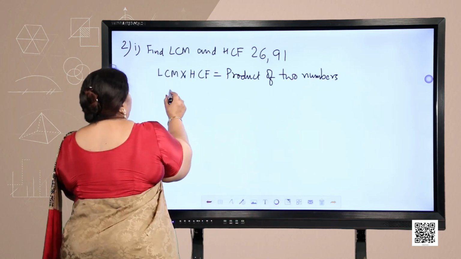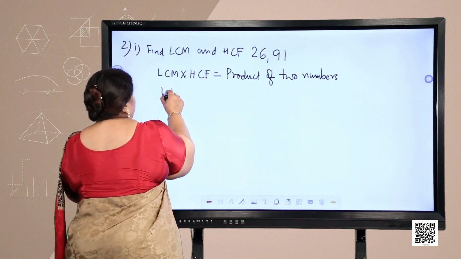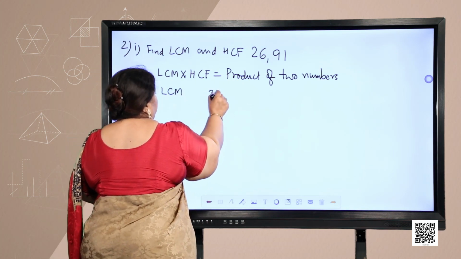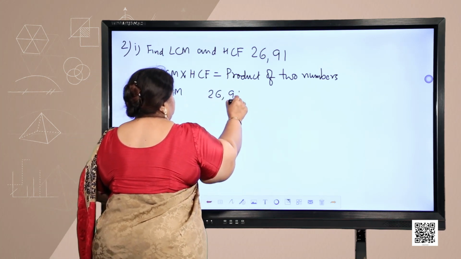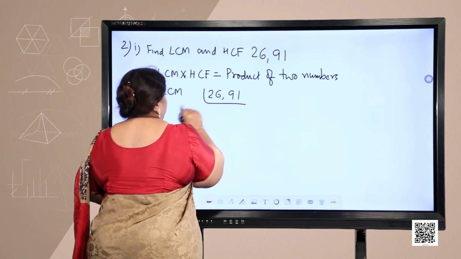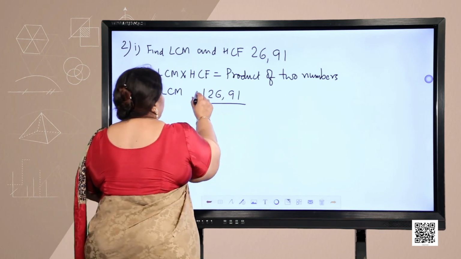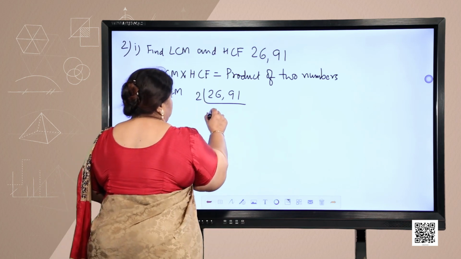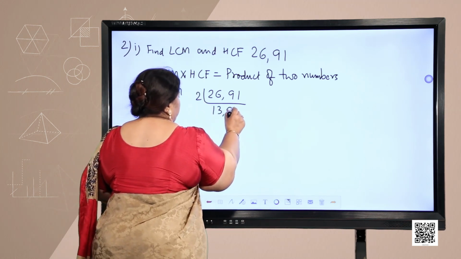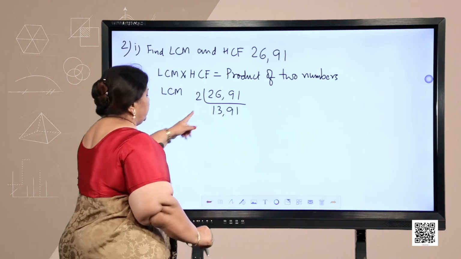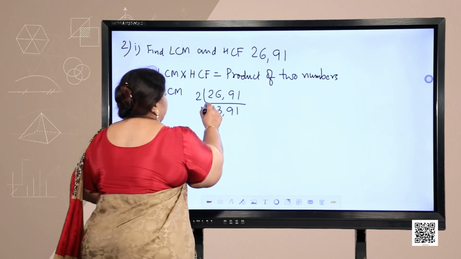Now, to find out the LCM, let me take using prime factorization method, of course, we can find that 2 is the smallest prime number. So, we get here 2 13s are 26 and 91 as it is.